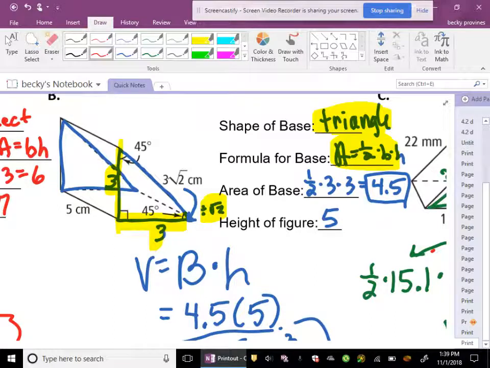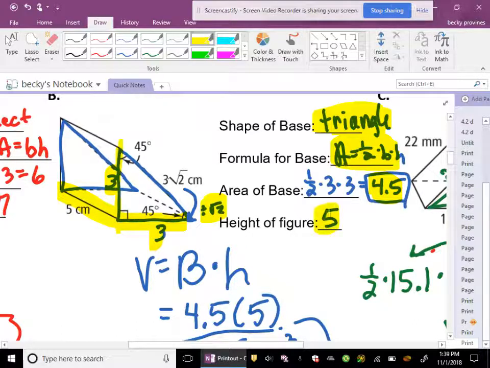Okay, so to find the area of this triangle, it's 1/2 times 3 times 3 because the formula is 1/2 base times height. So I get 4.5. Ooh, I keep not turning on the highlighter. There we go. Now, how far apart are your bases? You have the triangle in the front, the triangle in the back. They are 5 units apart.